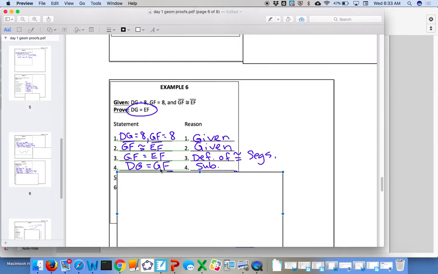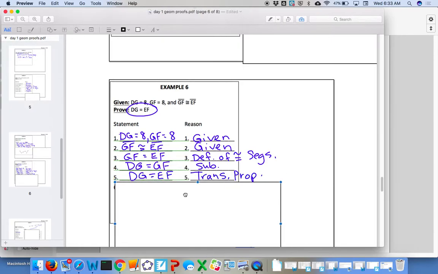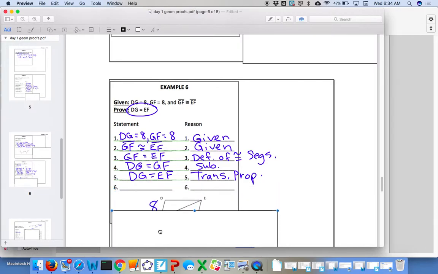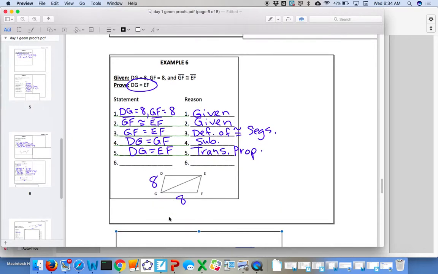So DG equals GF by substitution. And then DG equals EF by the transitive property. So the end of this statement matches the beginning of this statement, so I can put those two together. And that's what I was asked to prove. So I don't really need 6 steps on this one.